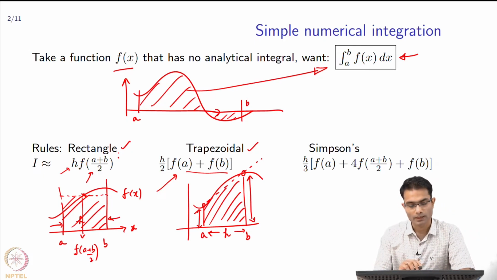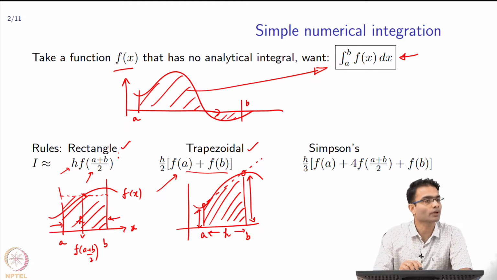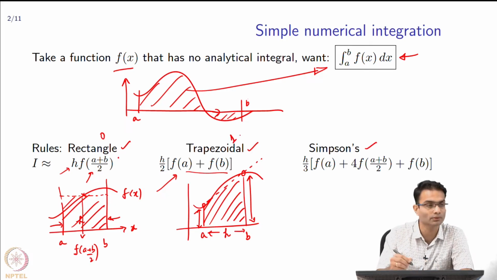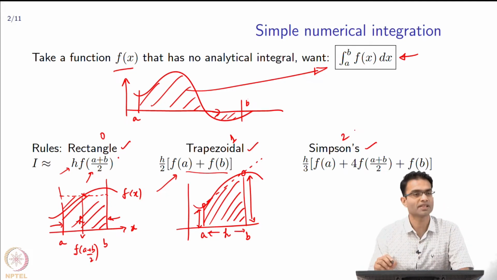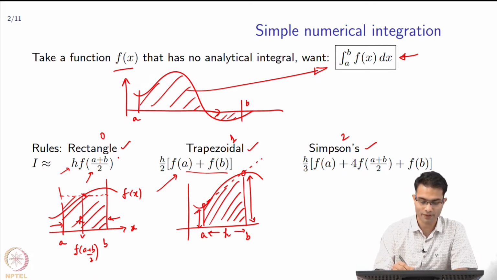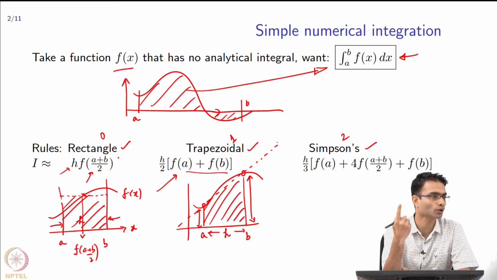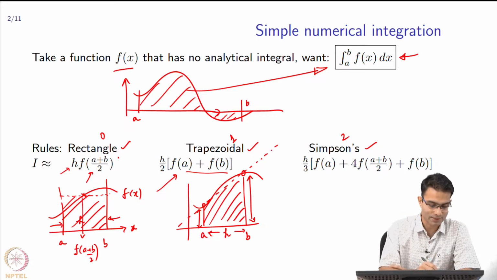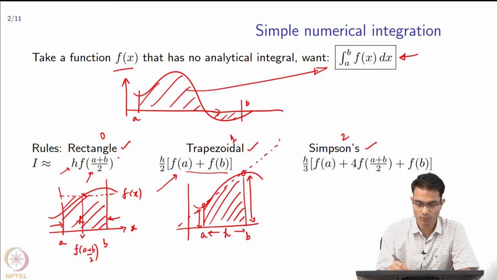If you wanted to get an even more accurate answer for the same integral, the next step logically, you can see this was order 0, this is order 1, order 2 means what is the kind of curve that I will fit? Here this dashed line is a polynomial of order 1, a straight line is a polynomial of order 1. In this case, this is order 0, this is order 1.